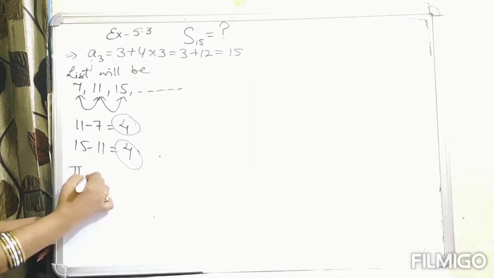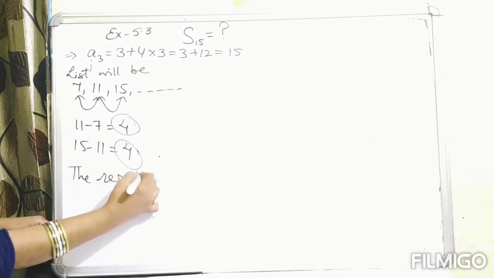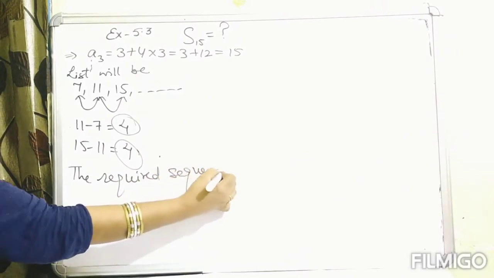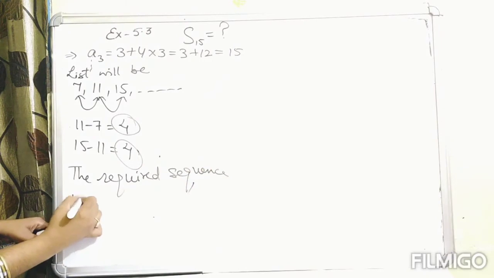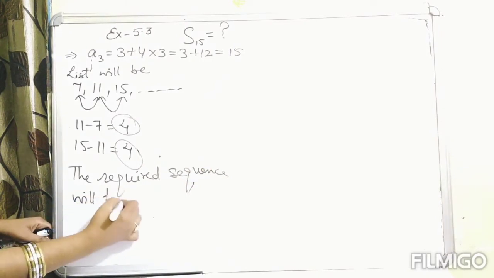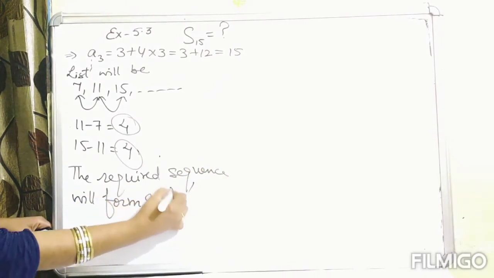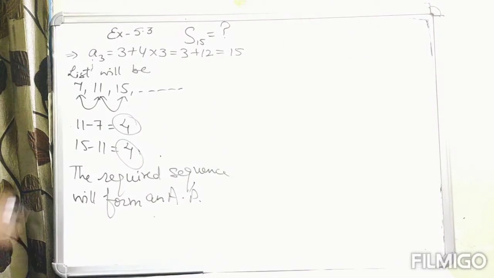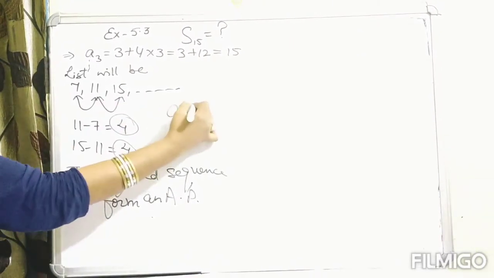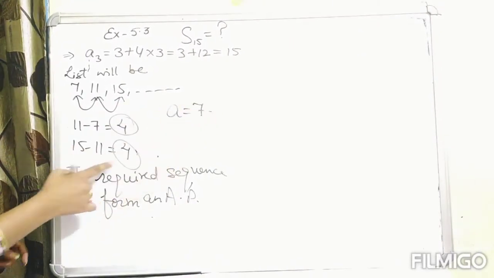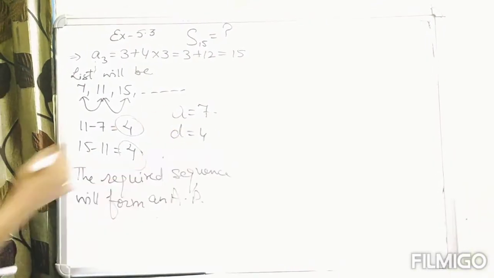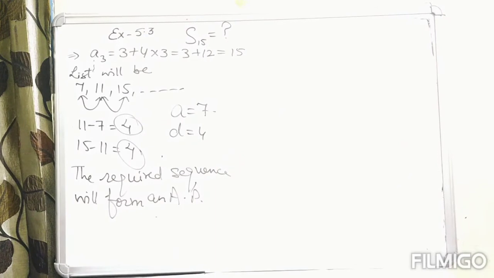So the required sequence will form an AP. Now after getting an AP, we have to find out the value of S15. For S15, we know that a is 7, d is 4, and now we have to find out S15.